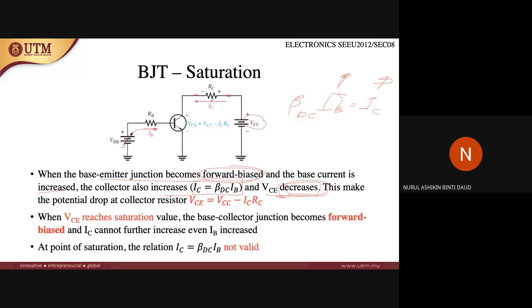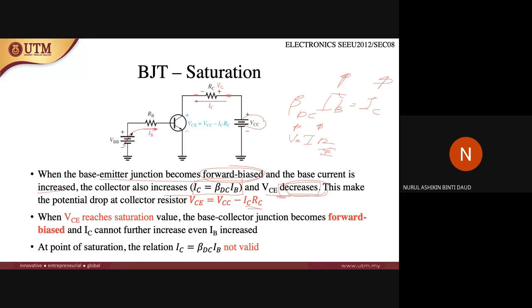Since the current is increasing, the potential drop at the resistance also increases based on the IC current. Since V equals IR, when I is increasing and R is constant, V also increases. So VCE becomes VCC minus something bigger, and VCE will be decreasing.